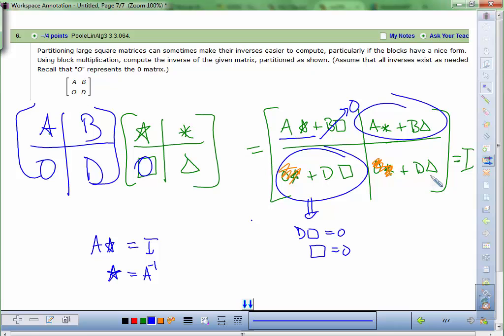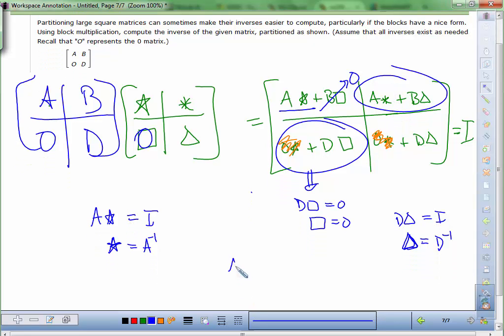And that would go the same for the bottom: D times triangle has to equal the identity matrix, so the triangle is equal to D inverse. The only thing left to deal with is this top part, where A star plus B triangle has to equal 0.